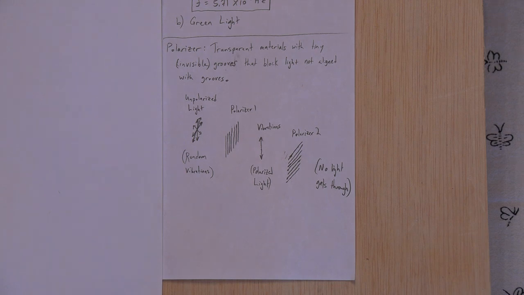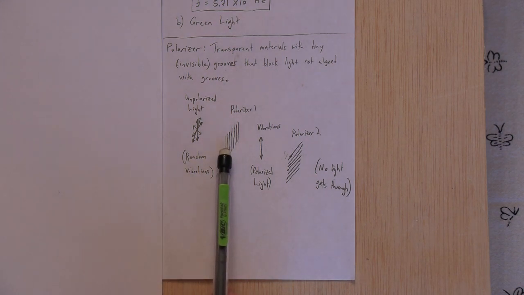This is used in sunglasses because light that reflects off of surfaces tends to be polarized. So imagine a wet road and you're driving and the sun hits it and it glares and shines in your eye, and now you can't see the obstacles, the pedestrians, the cars, or whatever, because your eyes are getting blinded by the glare.